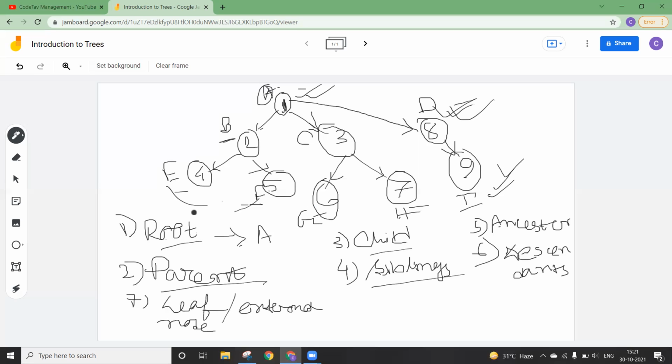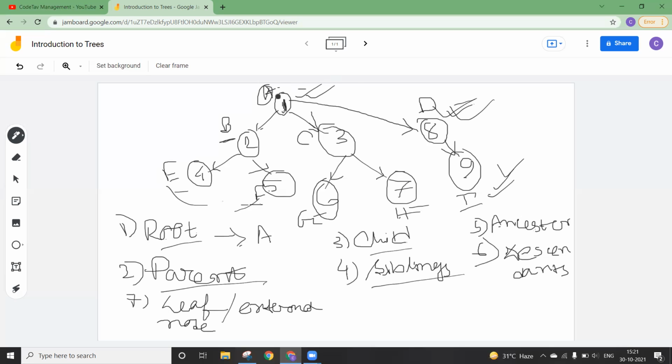Here the nodes like E, F, G, H, I have no child. So these are the leaf or external nodes.